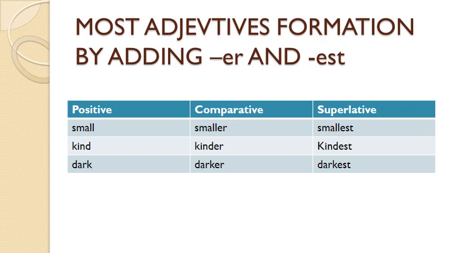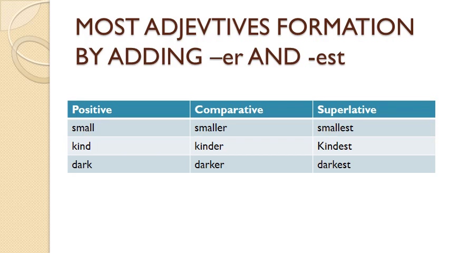To convert small into a comparative degree, we have to add er at the end of small, and est to convert this into a superlative degree. Small, smaller, and smallest. Most of the adjectives can be converted to comparative and superlative degree by adding er and est.